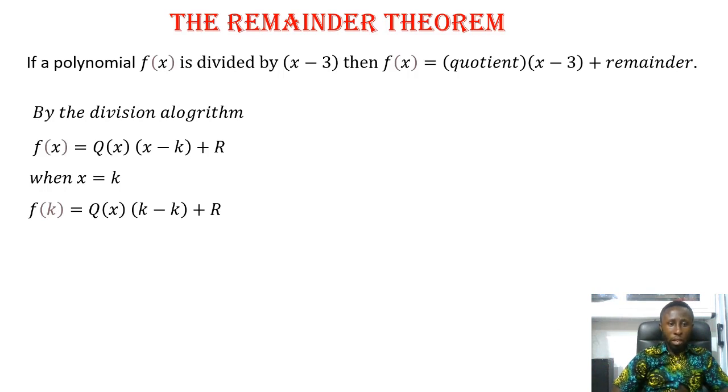Therefore, f of k equals the quotient times k minus k, that's our divisor. So over there will be 0 plus the remainder. So f of k will be equal to the remainder. That's the remainder theorem, right?